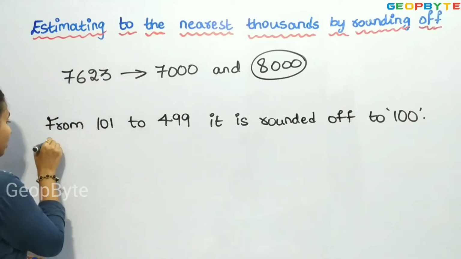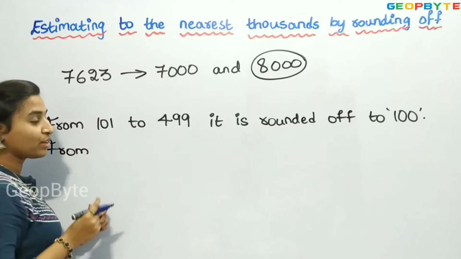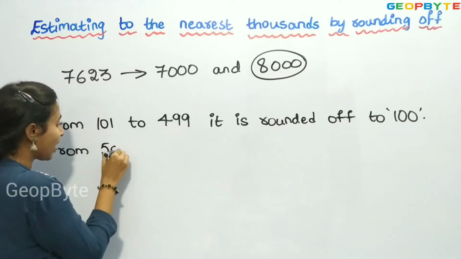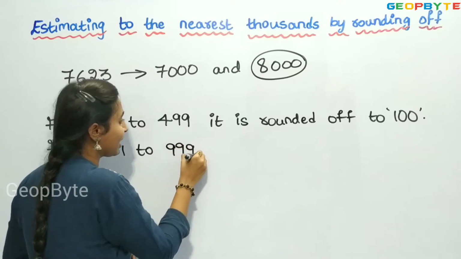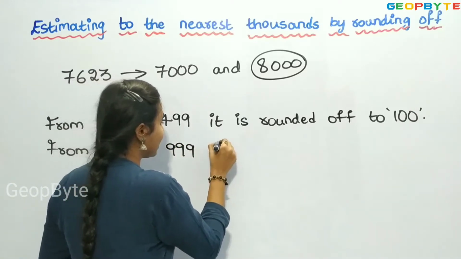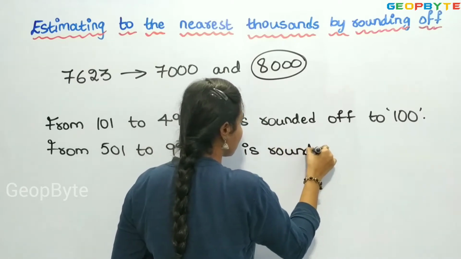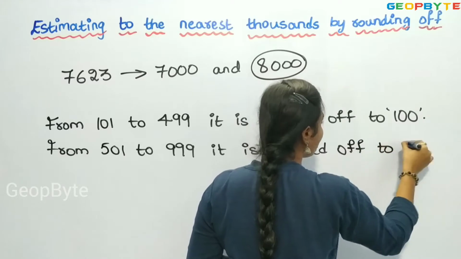Now, after 499, 500 will be the middle number. So after 500, from 501 to 999, it is rounded off to 1000.